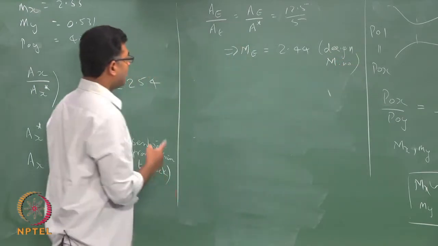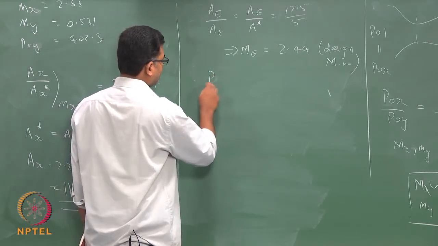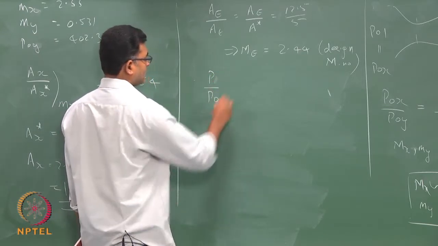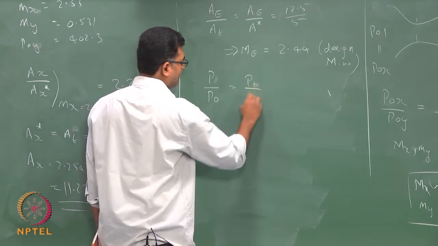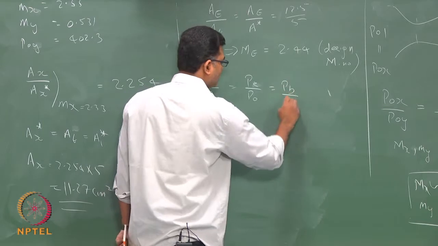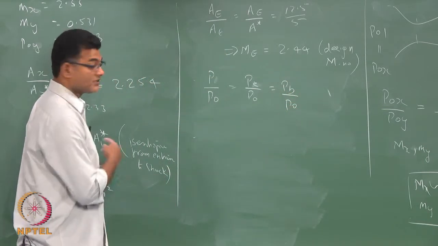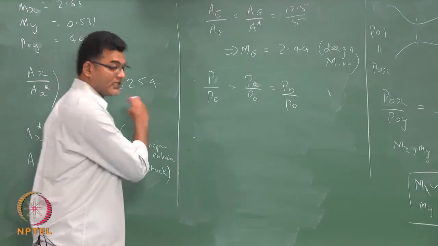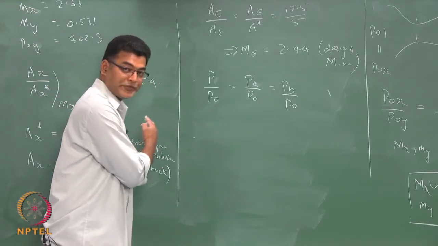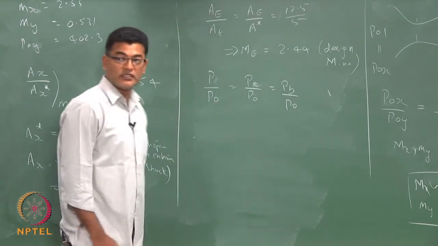The moment I have this, I can find my pressure ratio P exit by P0, which is my PB by P0. P0 is already given. Since it is an isentropic flow, P0 at the entrance is going to be the stagnation pressure throughout the nozzle.